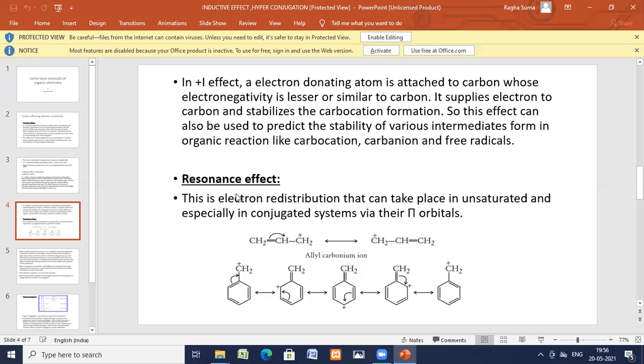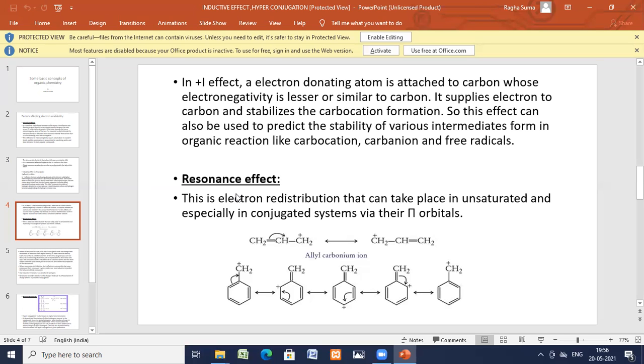The two R groups donate the electrons to the NH. And then primary amine. The third comes the tertiary amine. Okay, this way the basicity of the amines can be explained, the order of the basicities.